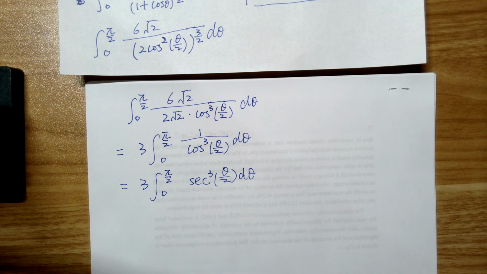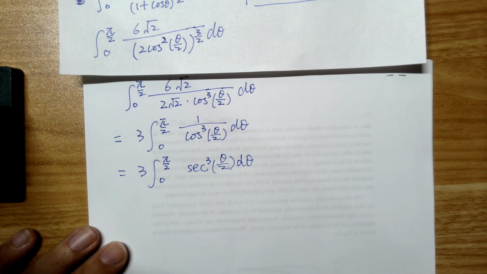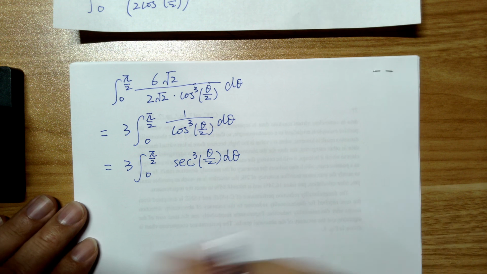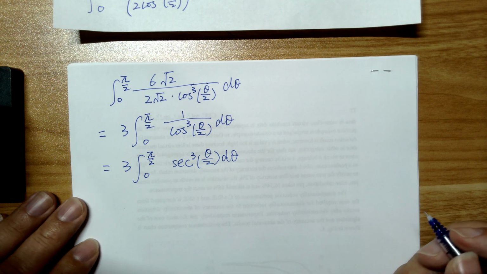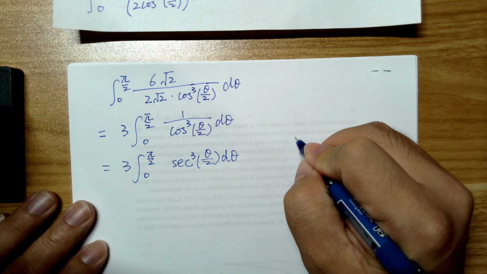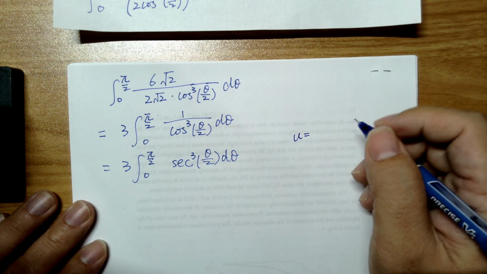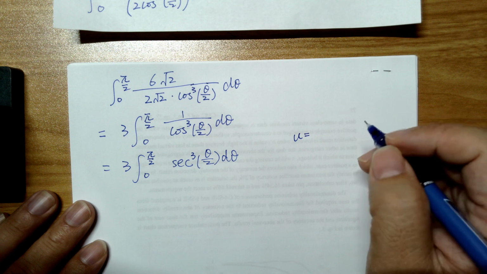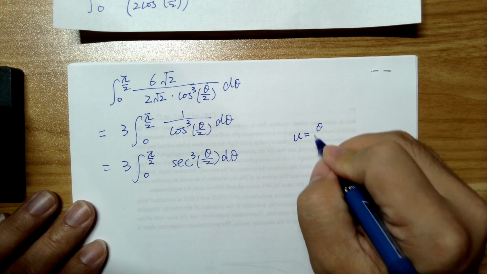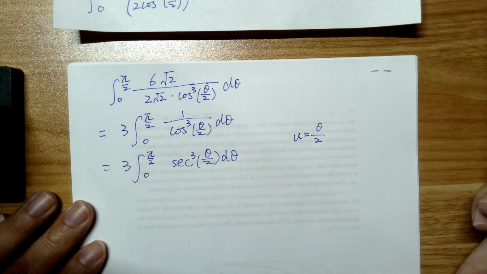Okay. So to make the problem a little bit easier to solve, what we can do here is make a quick substitution, that is, let u equal theta over 2.